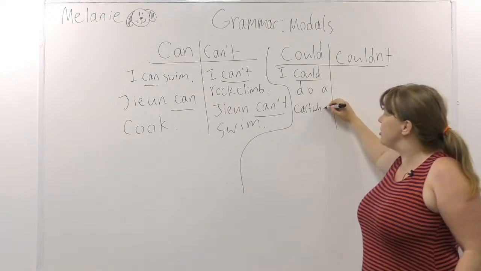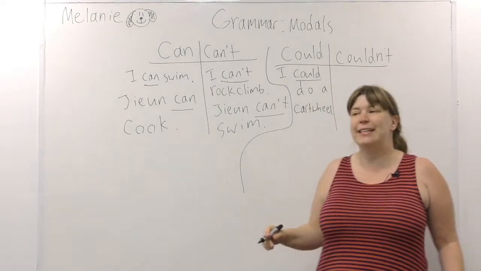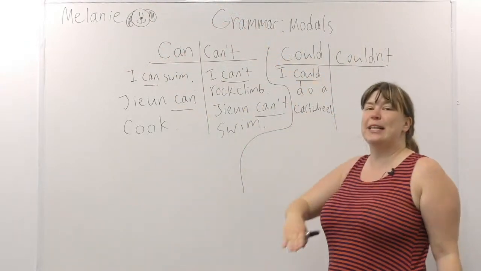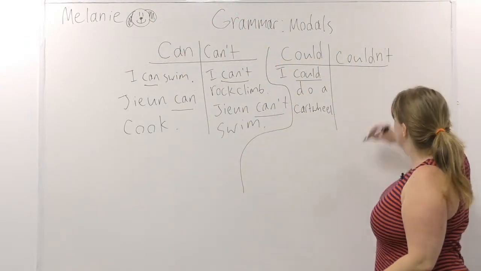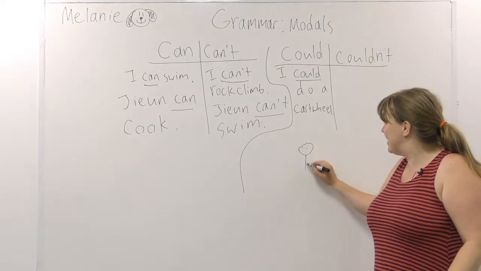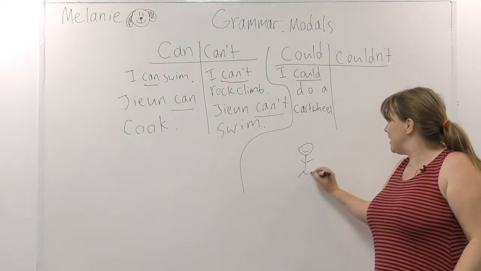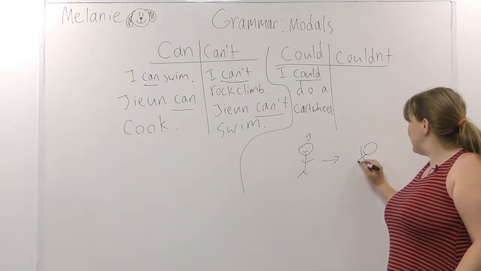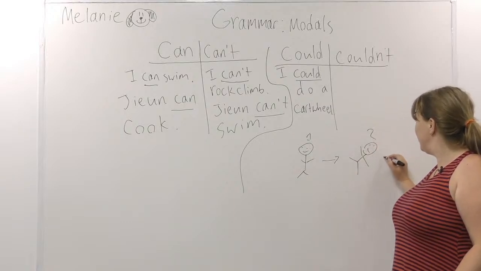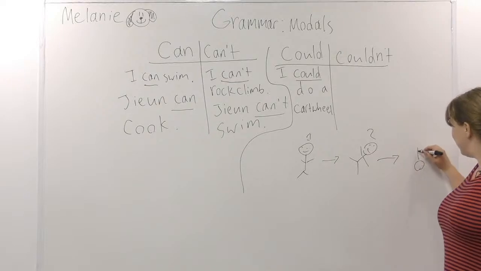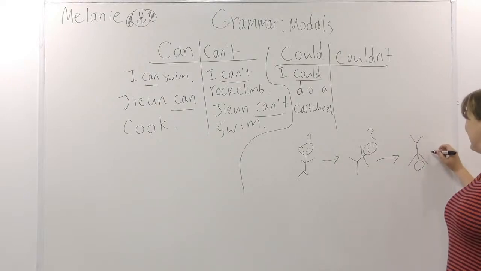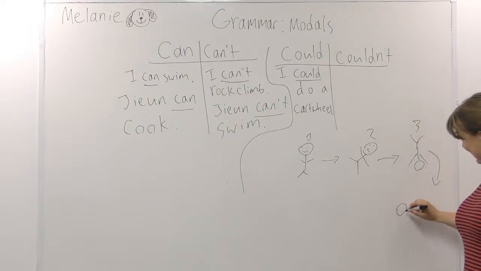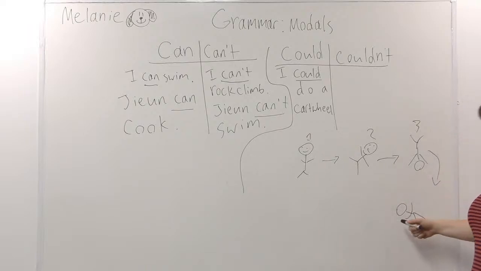Do you guys know what a cartwheel is? It's when you go on your arms and put your legs in the air. So it kind of looks like this. Here's step 1, step 2, step 3, and then step 4.